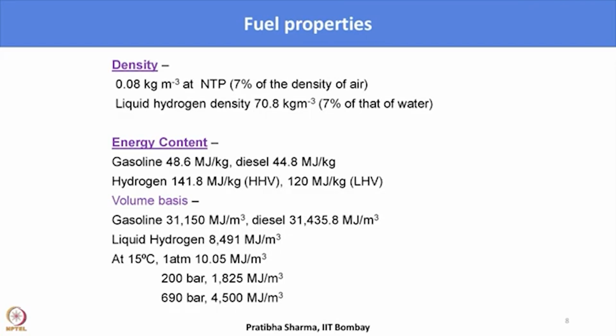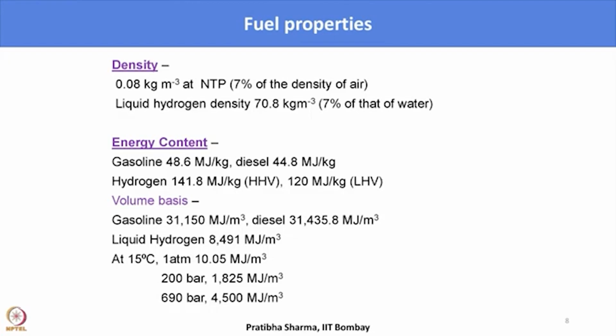So, if we look at these numbers for hydrogen, the higher heating value is 141.8 megajoule per kg, and the lower heating value is 120 megajoule per kg, as against that of gasoline which is 48.6 megajoule per kg. So, hydrogen contains approximately 3 times as much energy per unit weight as that carried by gasoline or diesel.